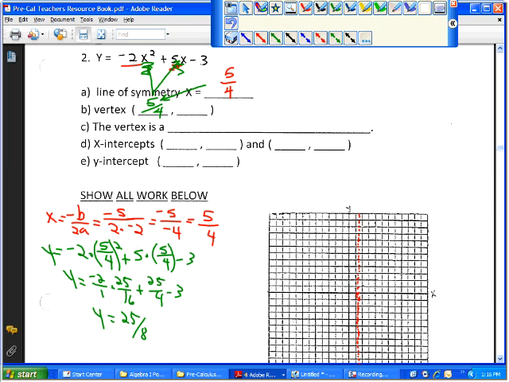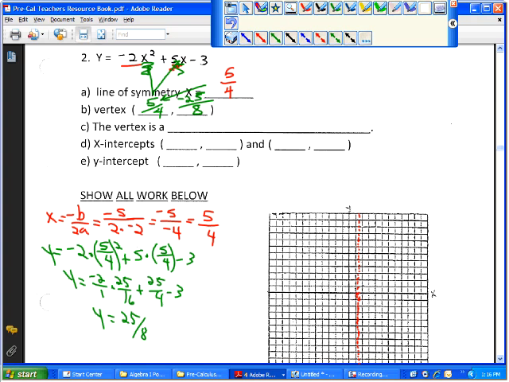You'd have to get a common denominator, right? So you'd have to convert the fourths to sixteenths and all this fun stuff. So -25/8, thank you, is the y of the vertex, -25/8. 3/8 are 24 with 3 left over, so it'd be like -3 and 3/8.